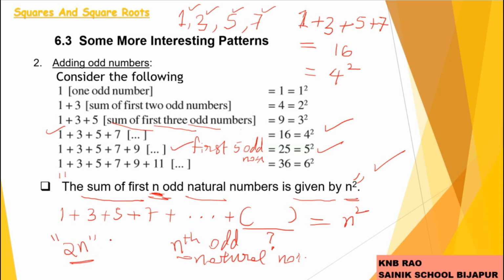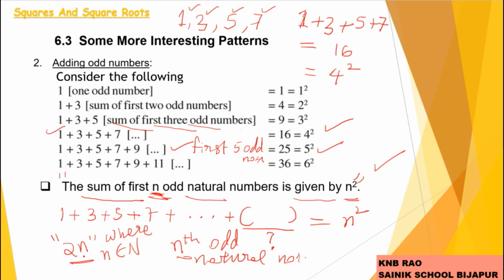Taking n as any natural number, we definitely get 2n giving an even number. This is what we learned in our lower classes.